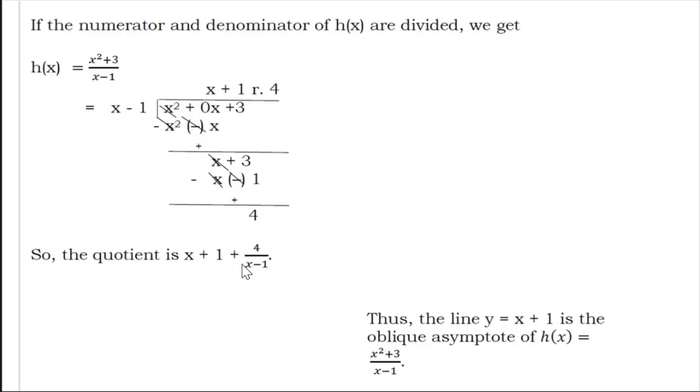Just ignore the remainder, and the value x plus 1 will be equated to y. So the line y is equal to x plus 1 is the oblique asymptote of h of x is equal to x squared plus 3 over x minus 1.